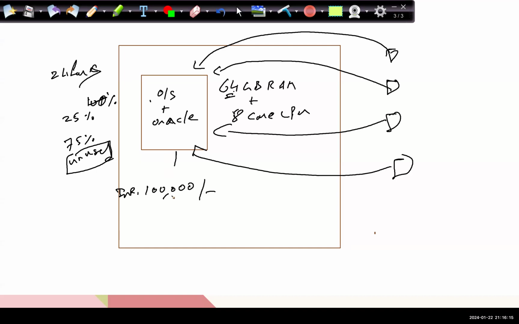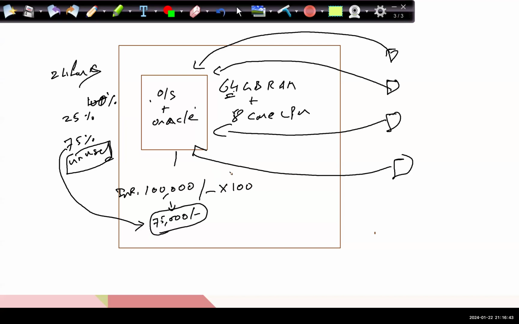I invested 1 lakh, but out of this, 75,000 is invested for waste because I'm not utilizing that at all. If you correlate this 75% with the finance, it's just like 75,000 was invested for nothing.